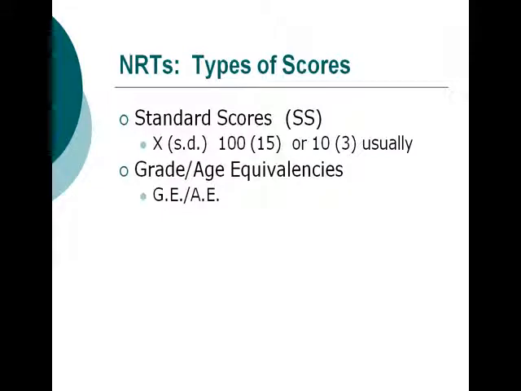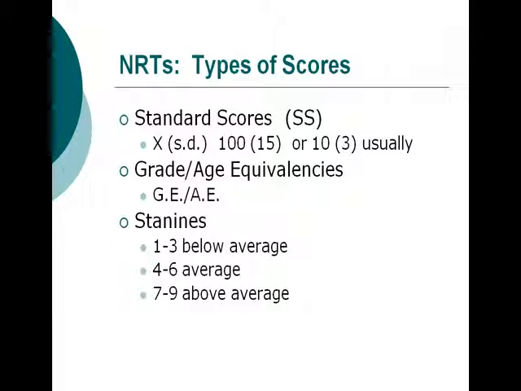All right. The other kind of scores that you get invariably are grade and age equivalencies. They're written as G.E. or A.E. I'm going to tell you right now, don't use them. They're very, very misleading, and I'll tell you why in just a little while. And then you'll get what are called stanines, or standard nines.